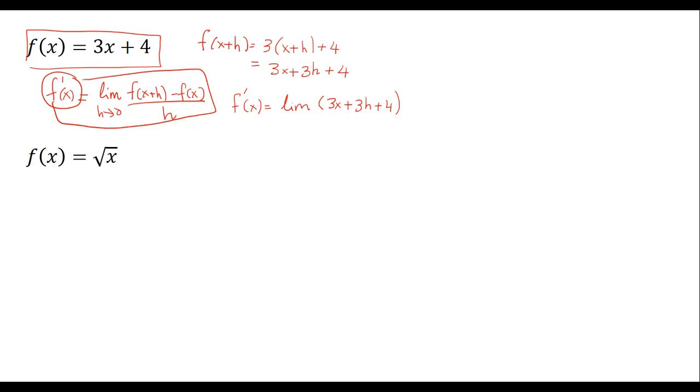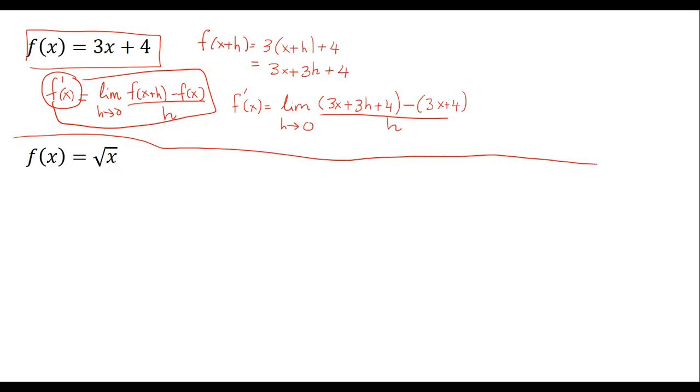This is my f(x plus h), and then I put my original f(x), and then I still put my h over here. But do not forget that in your limit, your h must go to 0. I put the segment over here so it does not disturb the next example.